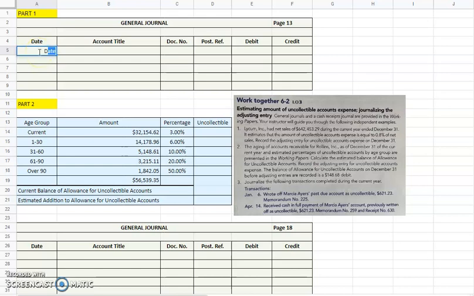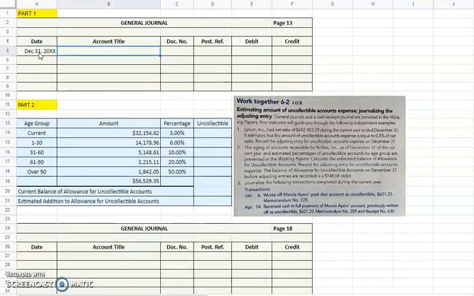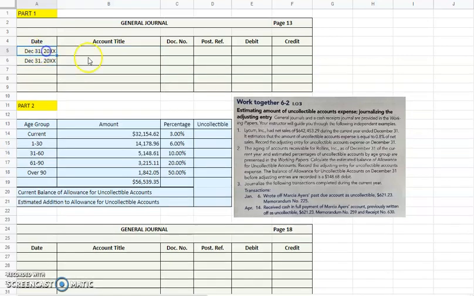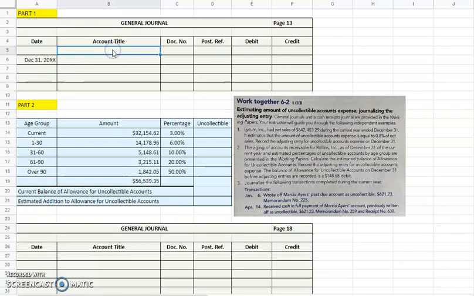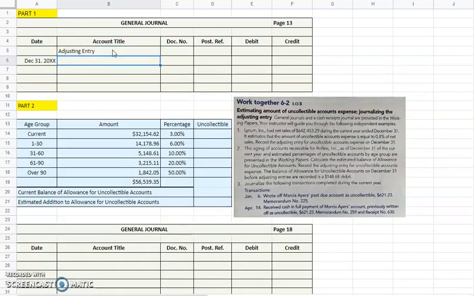So again, it's December 31st of whatever year it is. We forgot something pretty critical. This is an adjusting entry. So whenever we have adjusting entries, we post that title here.